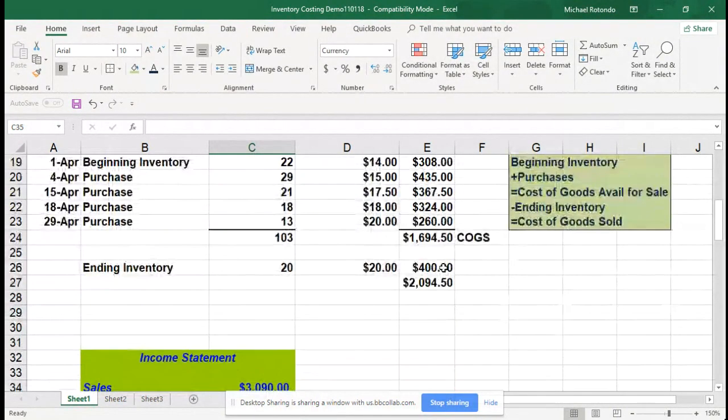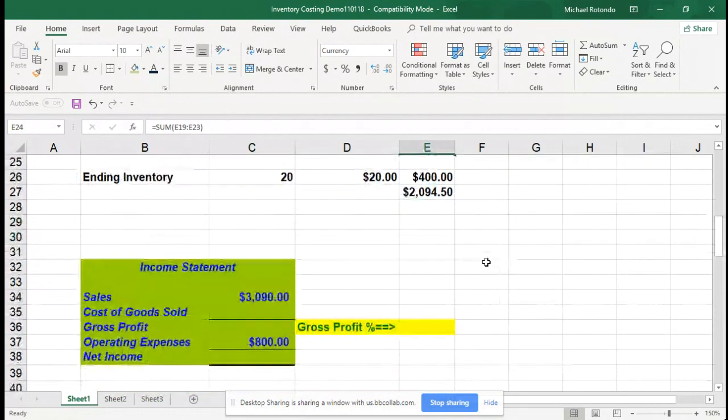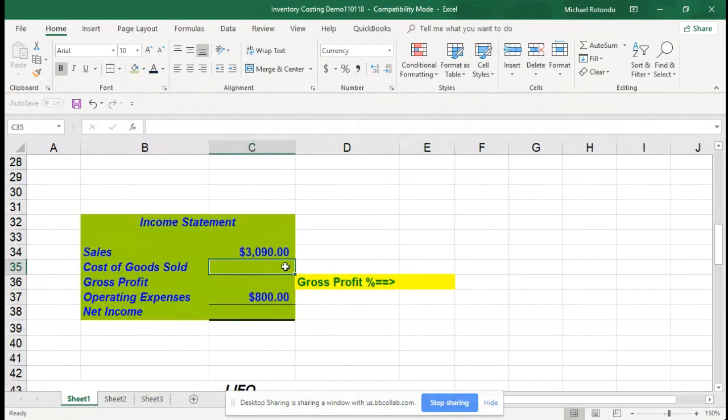Cost of goods sold under FIFO, we calculated at $1694.50. We remember we learned in chapter 5 that sales minus cost of goods sold is gross profit. So under FIFO, we have gross profit of $1395.50.